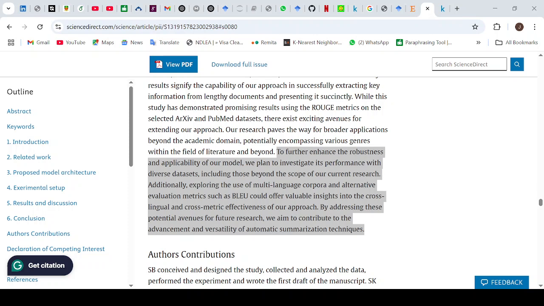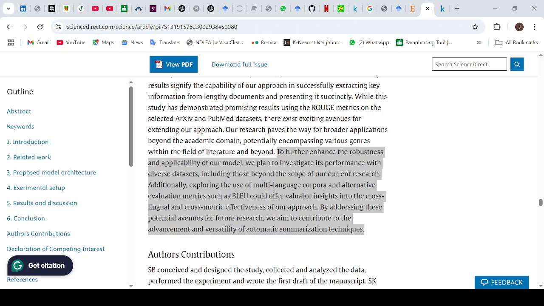The gap outlined in this paper, I feel that it highlights two primary areas of improvement. One is data set diversity, and the other area is cross-lingual and cross-metric evaluation.